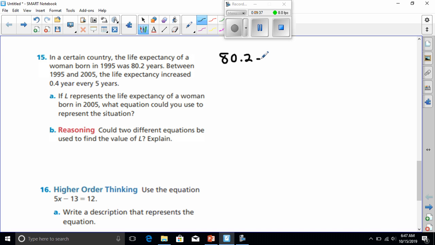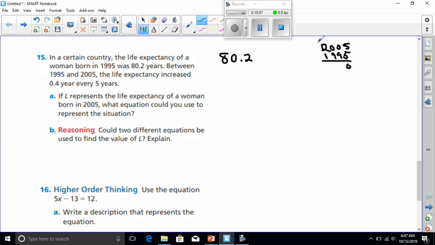Life expectancy of a woman in 1995. Now it says the life expectancy increased 0.4 every 5 years from 1995 to 2005. Well, from 2005 to 1995, is how many years here?